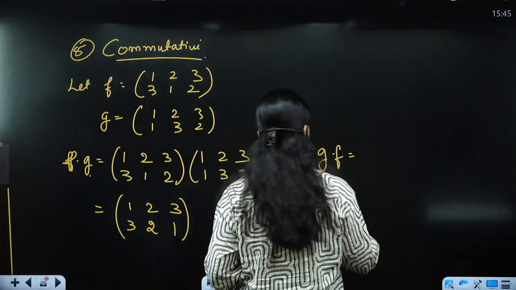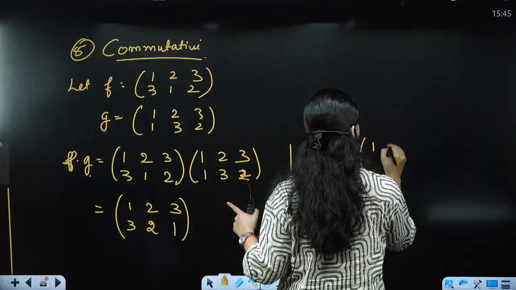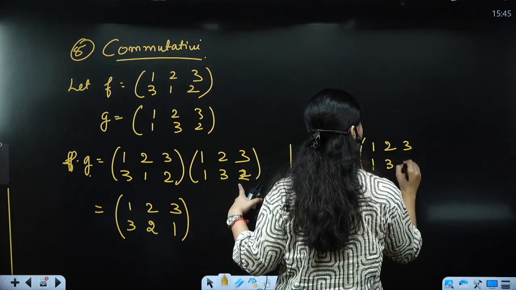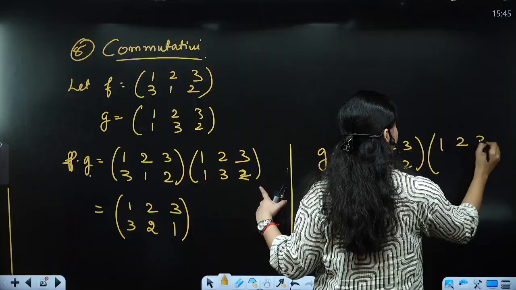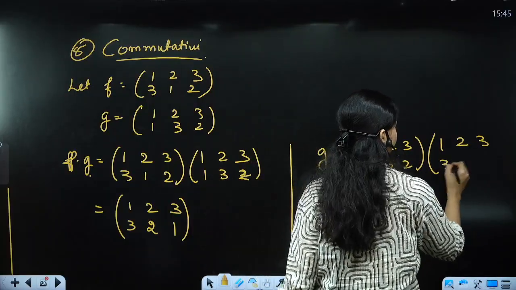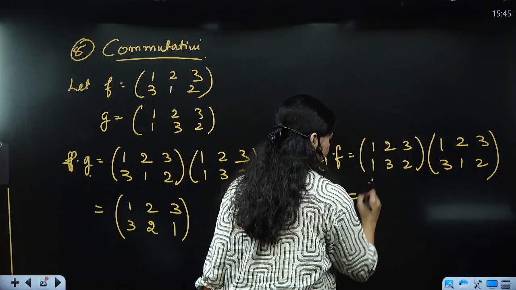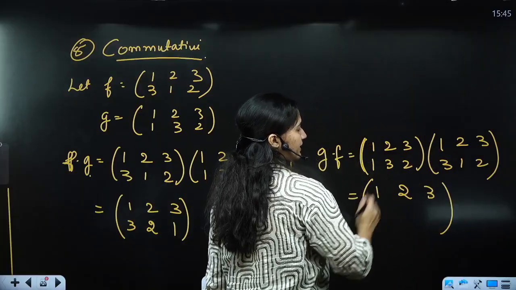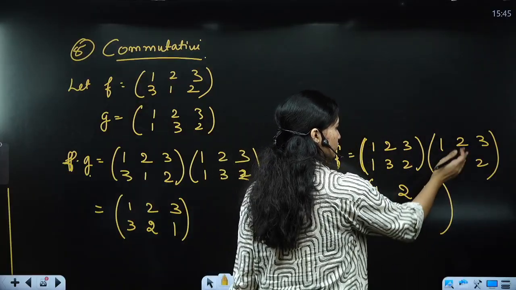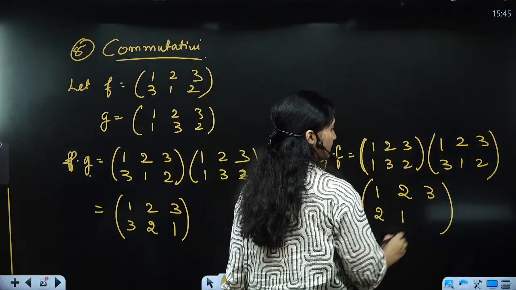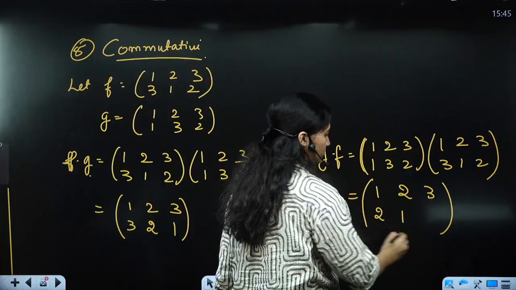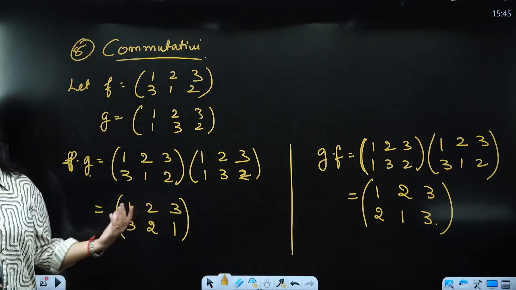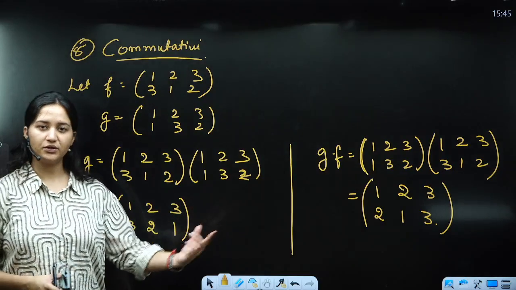So g dot f is going to be what? 1 2 3, 1 3 2, and then we have f, that is 3 1 2. Now if we multiply them we are going to get what? Now 1 is being mapped to 3, 3 is mapped to 2, 2 is mapped to 1, and so on. So clearly we can see that these two elements are not equal, right? So f dot g is not equal to g dot f.